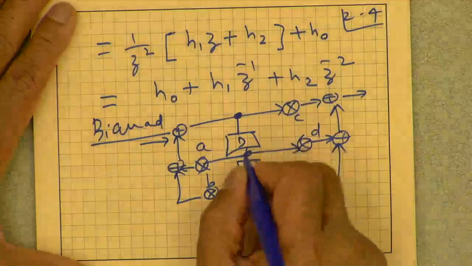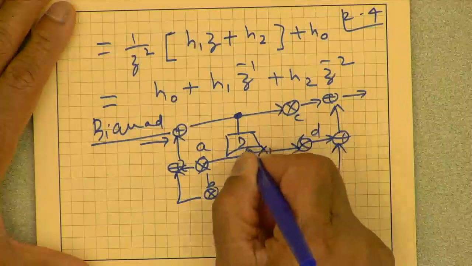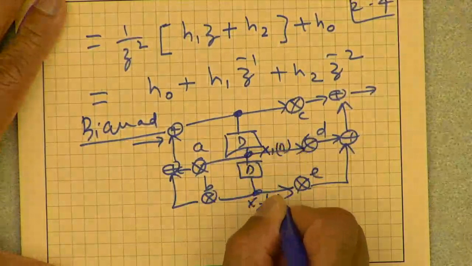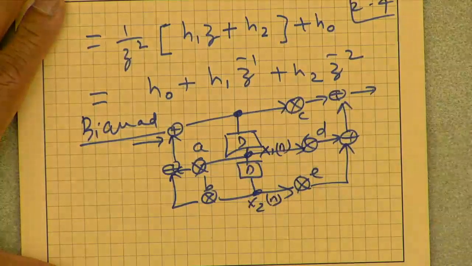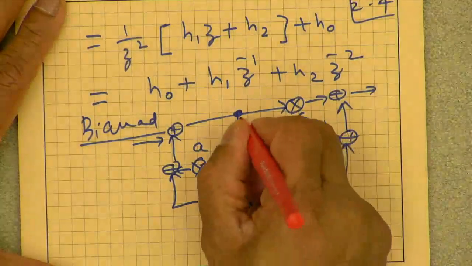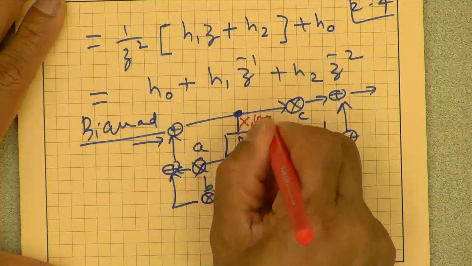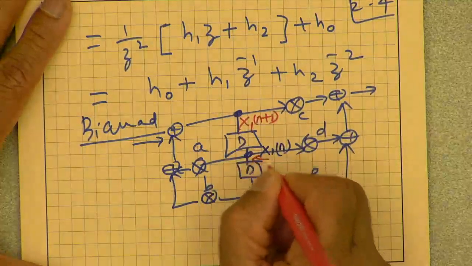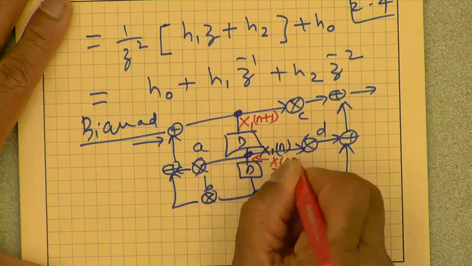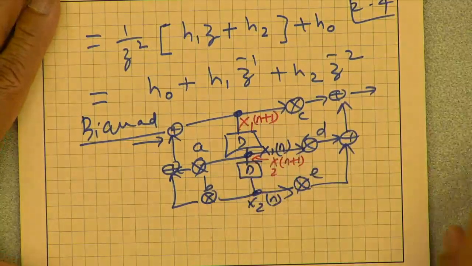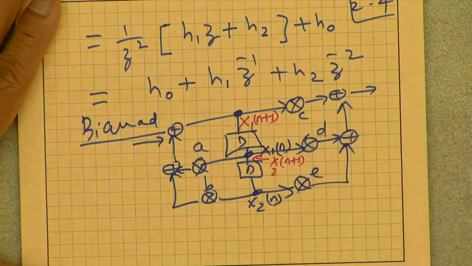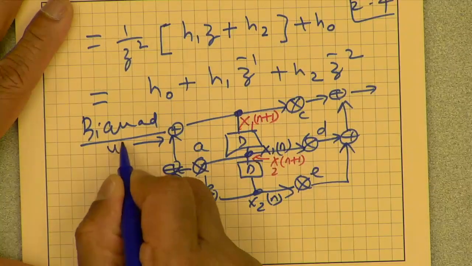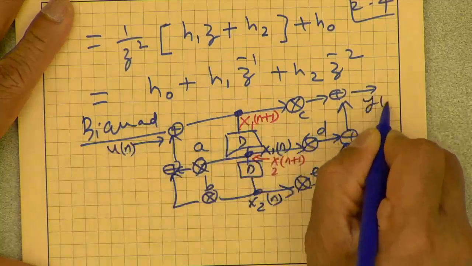So if I call the first state x1 and this x2 at time n, then this will be the next state, x1 at time n plus 1, and this is x2 n, with the next state x2 at time n plus 1. Let's call this one also u, which is fine.